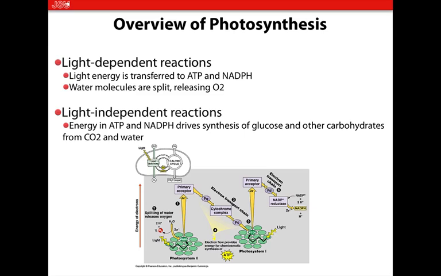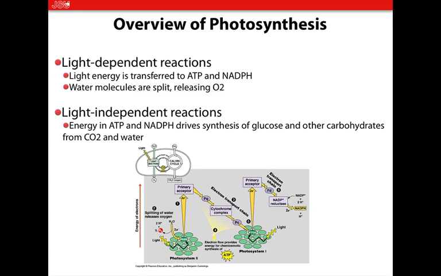So light energy enters into light-dependent reactions. This is where oxygen is made, and it also releases ATP and NADPH. The products of the light-dependent reaction, ATP and NADPH, will go to the light-independent reaction, and in concert with carbon dioxide, will form glucose, carbohydrates.